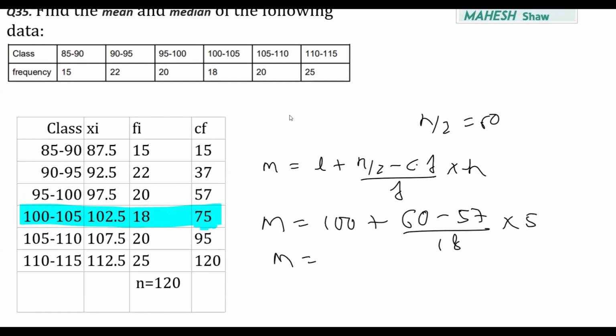So M is equal to 100 plus, this is going to be 3, right? 3 over 18, that multiplied by 5.